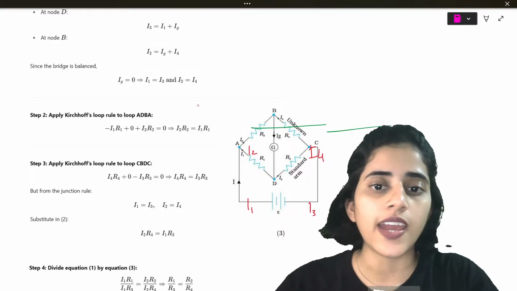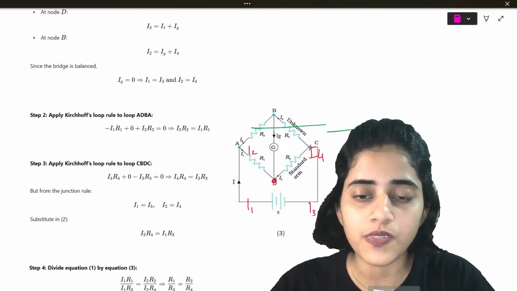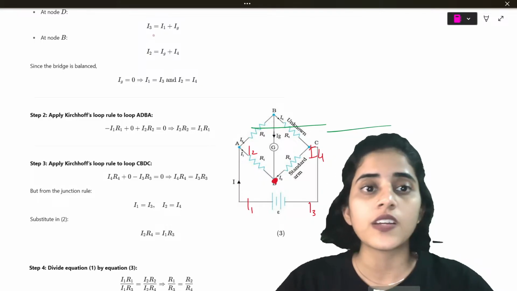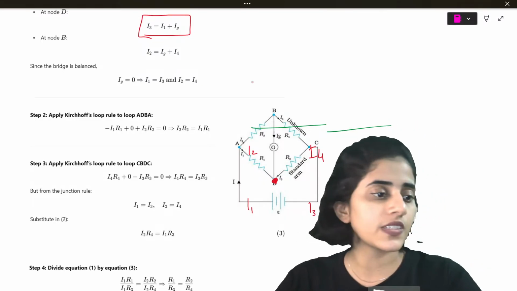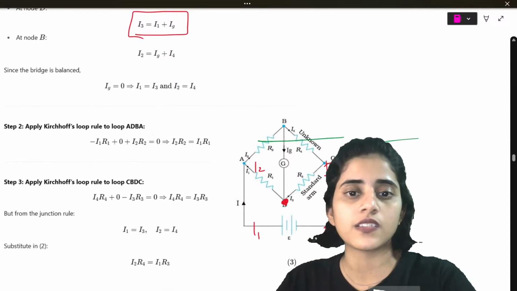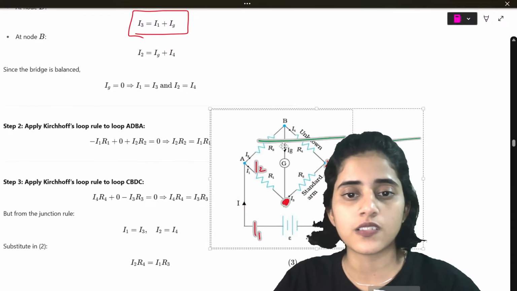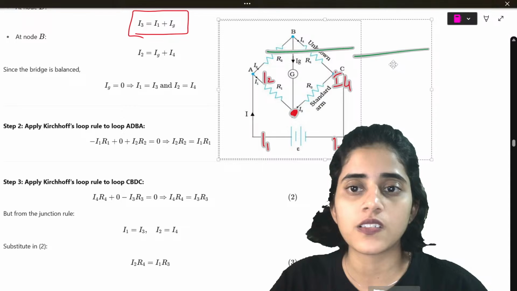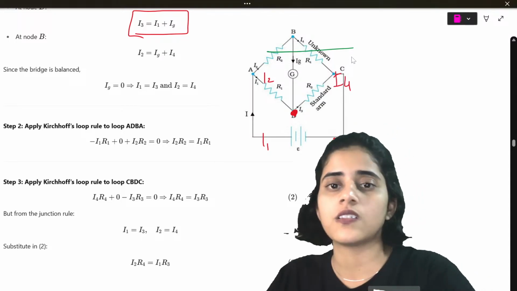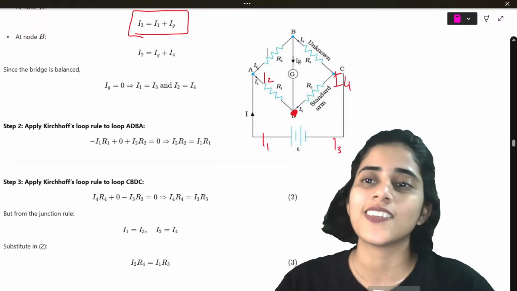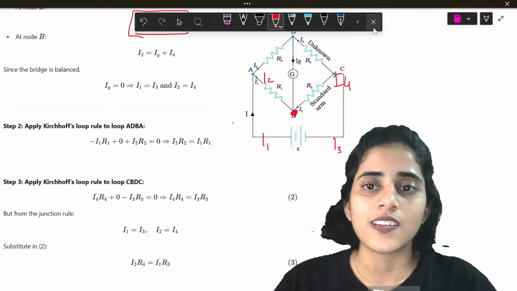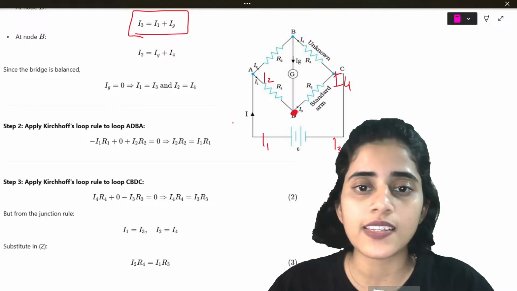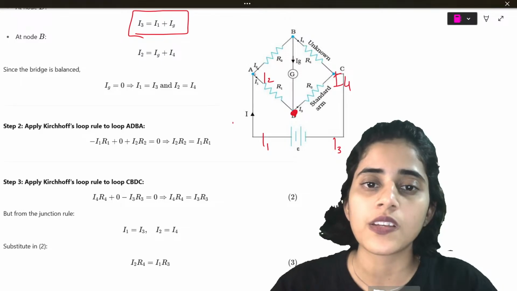At node D, you can say I3 is equal to I1 plus IG. So I3 is what?